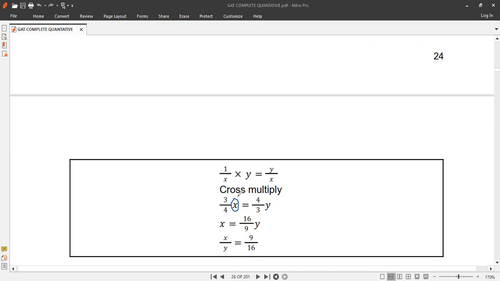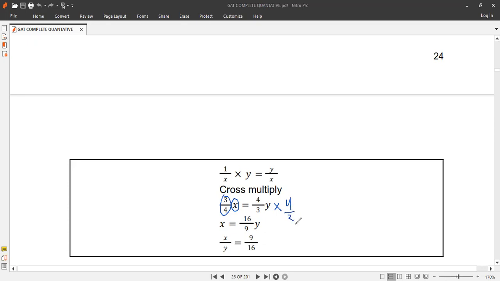If you have fraction equation, you want to solve it, you multiply by the reciprocal of this fraction, because you divide by 3 over 4. Because 3 over 4 multiplied by x, so you divide by 3 over 4, or you multiply by the reciprocal, it's 4 over 3.